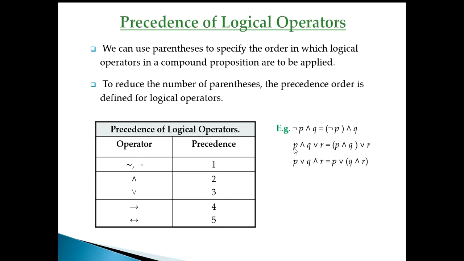First you calculate the conjunction, P and Q. After that you calculate the disjunction with R. Clear? If you have, suppose, P or Q and R, how to solve this? First you need to calculate the conjunction, right? So first we calculate Q conjunction R, then disjunction with P. Clear? This is how we use these operators.